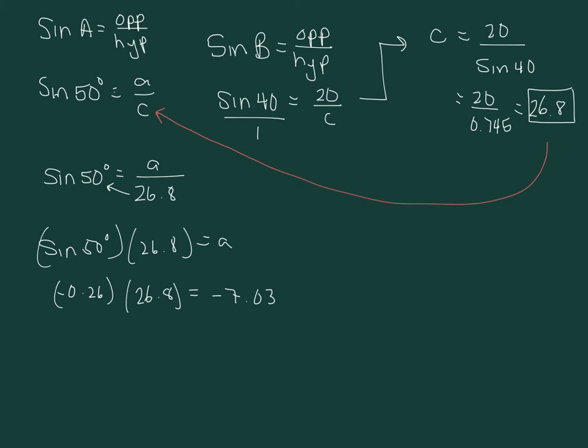So now you've found out what A is. From a standpoint of logic, that number doesn't make sense, so I'm wondering if I missed a number somewhere, or typed something in incorrectly. But in any case, this is the process that you use to solve it.